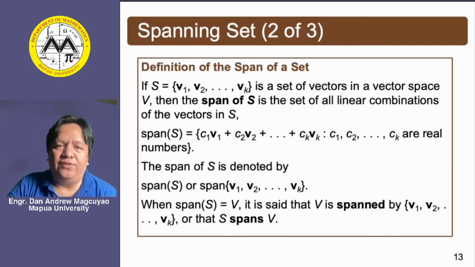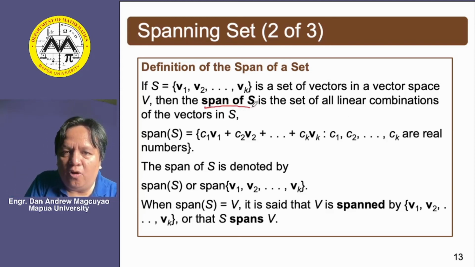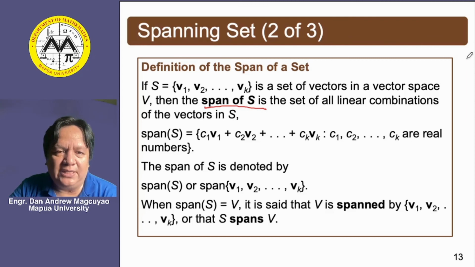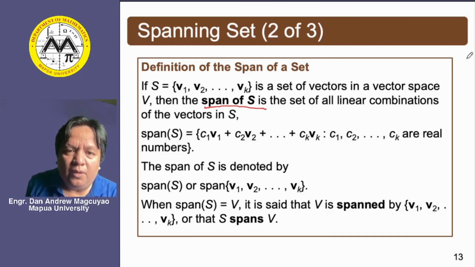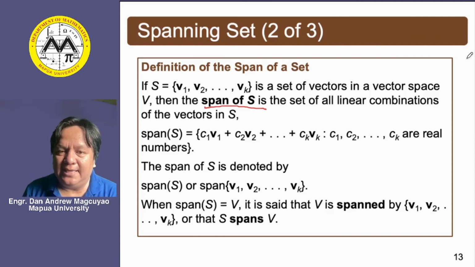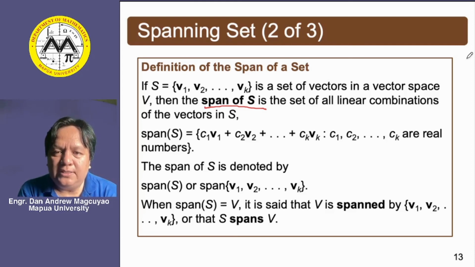Definition of the span of a set. If S is composed of the vectors v1, v2, v3 up to v sub k, so we say that S is the set of vectors from v1 up to vk, then the span of S is the set of all linear combinations of the vectors in S. That is, span S is c1 v1 plus c2 v2 plus and so on until ck vk, where c1, c2, and ck are real numbers.